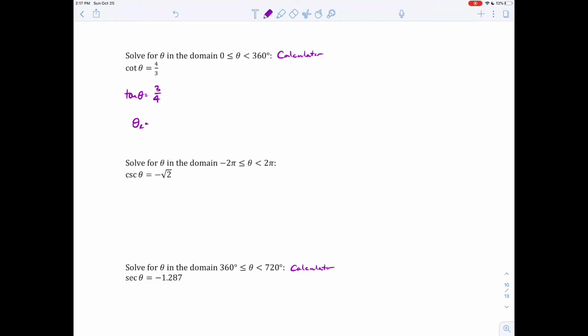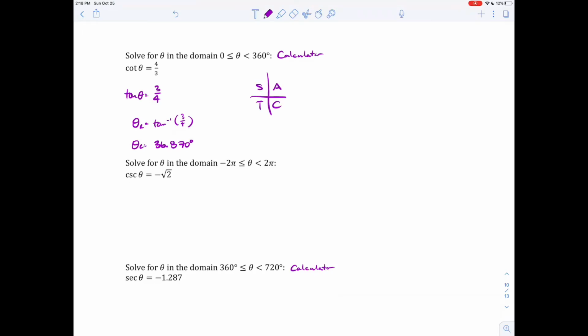So my reference angle is the inverse tan of 3/4, which is 36.870 degrees. That's rounding to 3 decimal places as per the requirement.